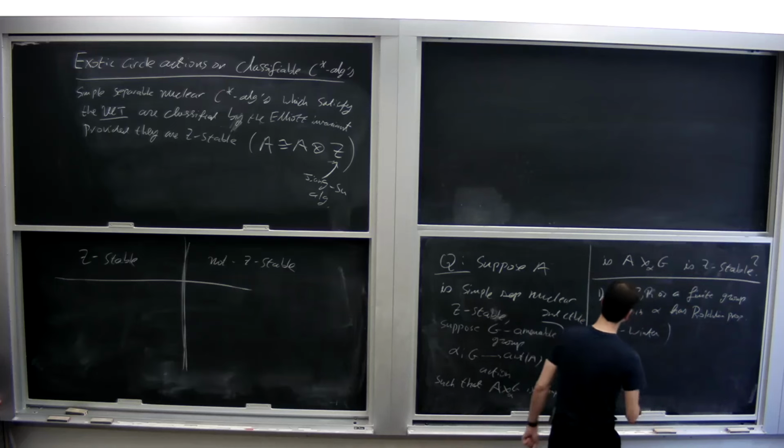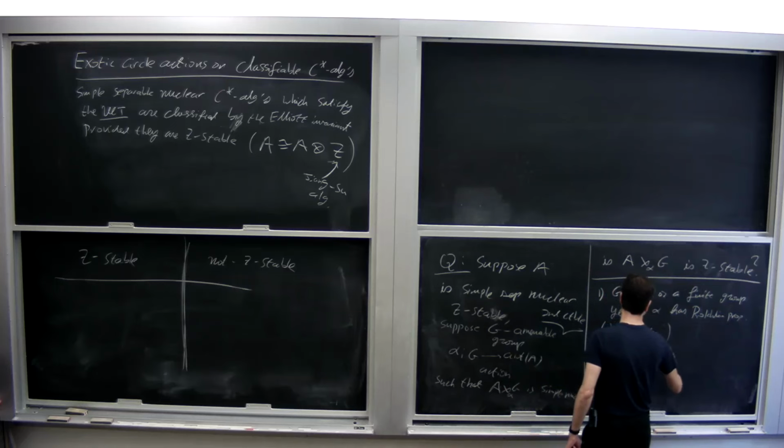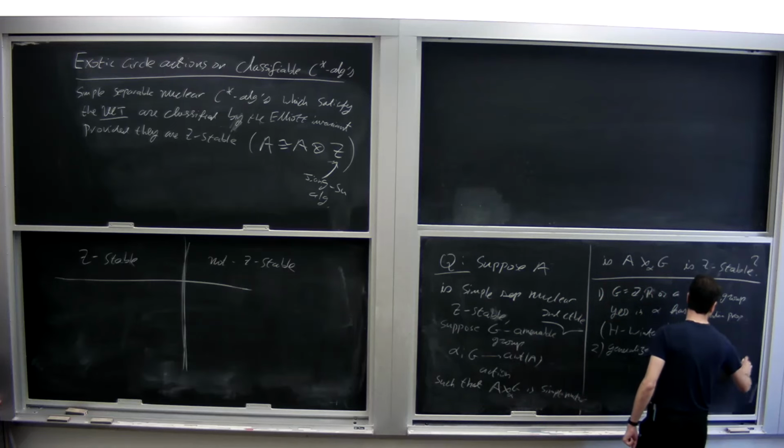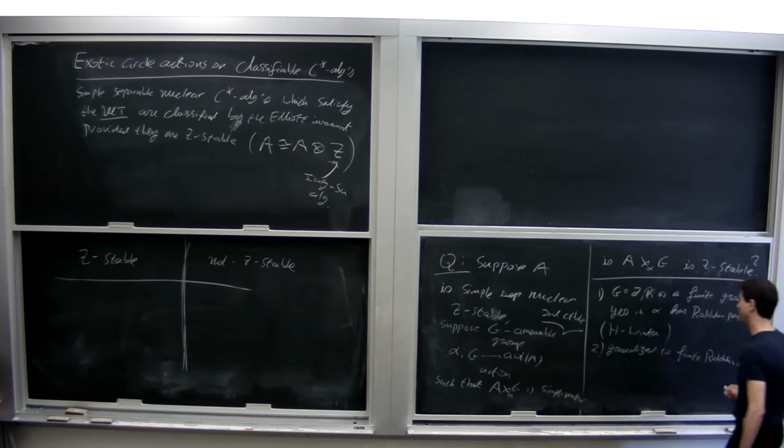This would generalize to finite Rokhlin dimension. I'm not going to talk too much about that. It has versions with and without commuting towers. I'm not going to go into the distinction here.